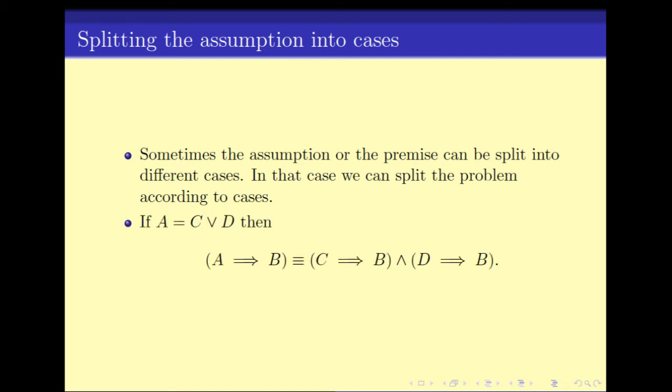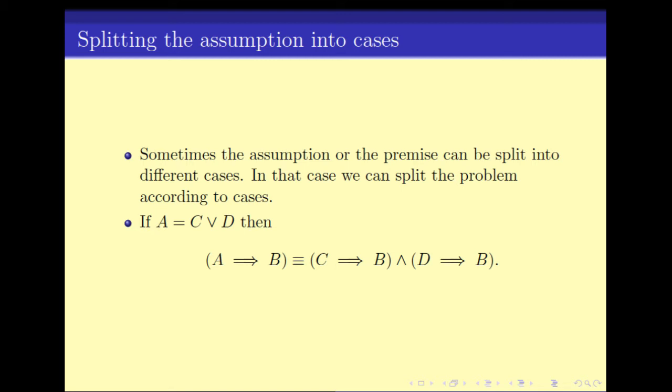If the assumptions are OR, so A is C or D, then proving A implies B is same as proving C implies B and D implies B. The problem is how to split the assumption into parts, meaning how to write A equals C or D.